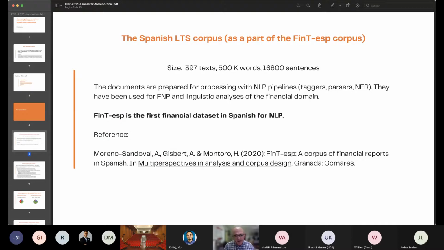And this corpus is the letter to the shareholders. These documents are prepared for processing with NLP pipelines like Tagger, Parser, and entity recognition. And we used this corpus both for processing and for linguistic analysis of the financial domain. So this is probably the first financial dataset, I'm fairly sure, for Spanish, for NLP. And if you want to know more about that, you can go to this reference.